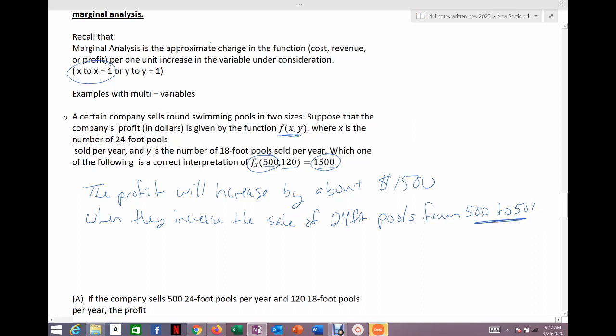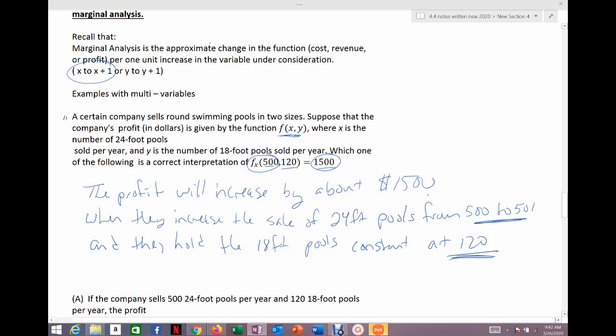So it's specifically 500 to 501. That's important. And they hold the 18-foot pools constant at 120. Alright, and again, that's important because that value was used. If we held it constant at 100, the change in profit might have been different. So it's important that this is the level we're at.